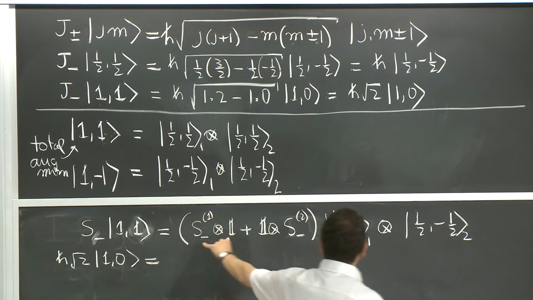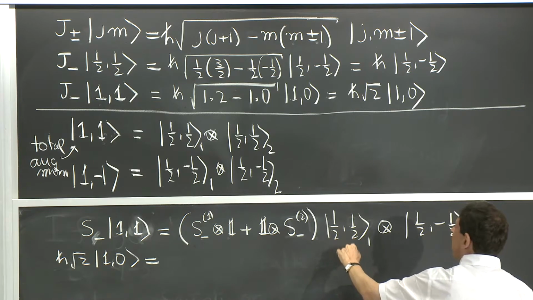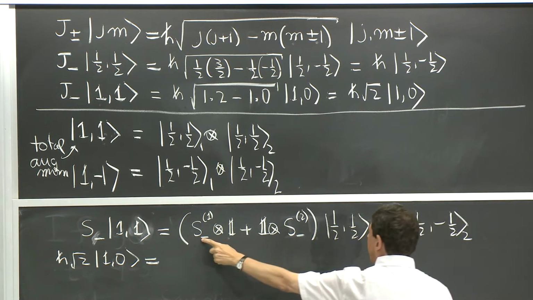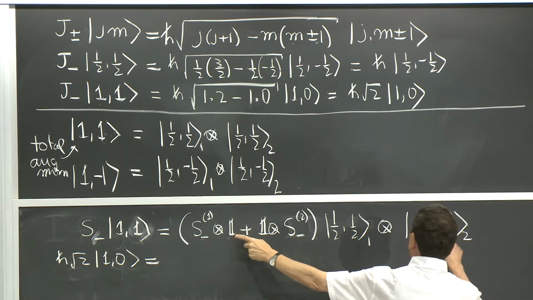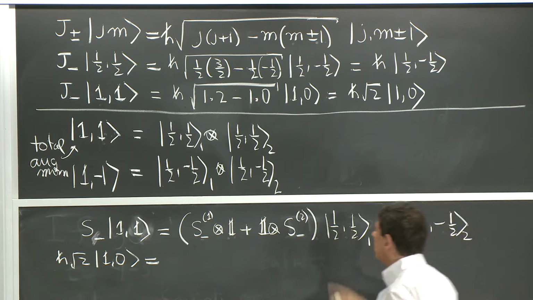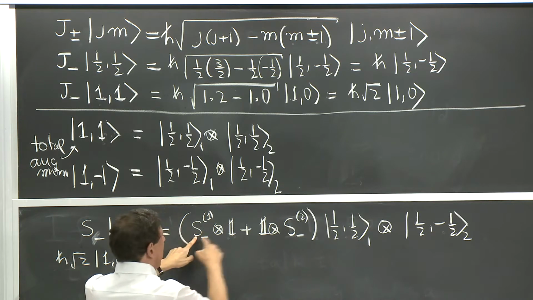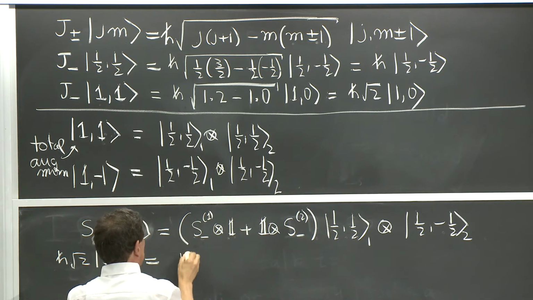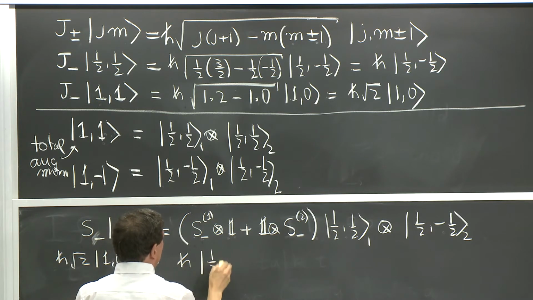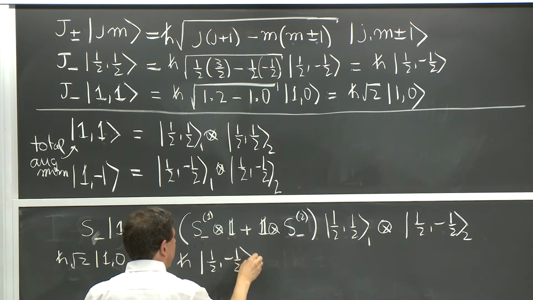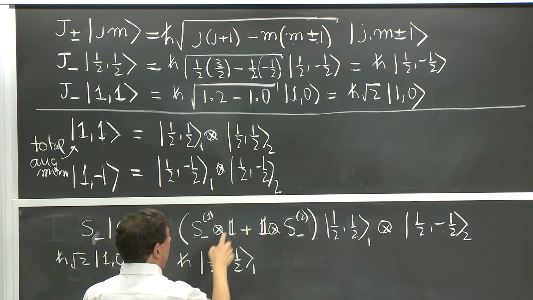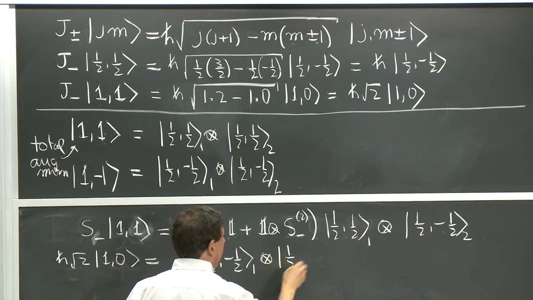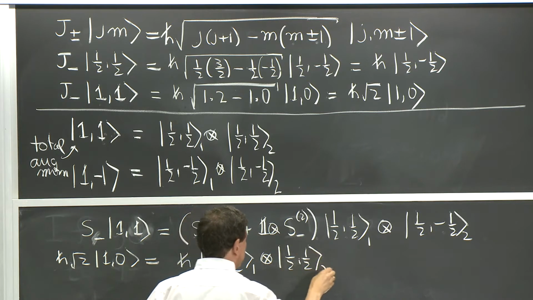Now, this operator is going to lower, act on this state, on the |1/2,1/2>, because it's the first one, and nothing on the second. It's going to give you something. So what is that something? S minus on |1/2,1/2> is ħ |1/2,-1/2>, and nothing on the second, so tensor |1/2,1/2>_2.